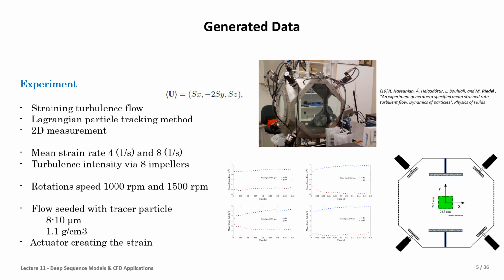Also, in the combustion chamber, the same motion happens. So we can say it's applicable in some industrial applications, and also in nature. There is similar behavior of straining turbulent flow.